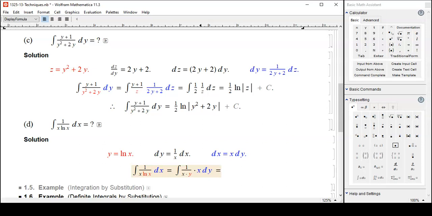Substitution number 1, red. Substitution number 2, blue. All good? And do you see a simplification?